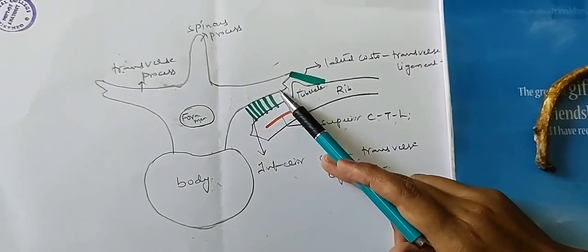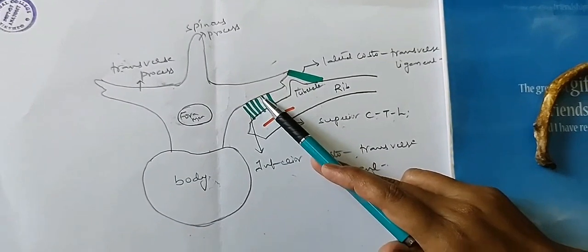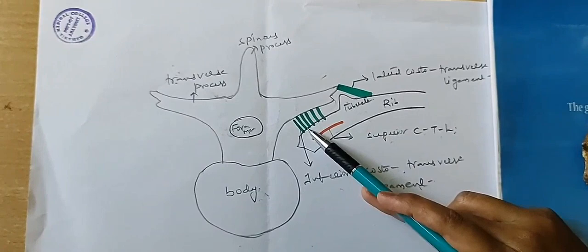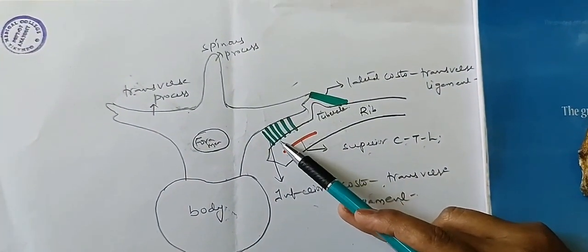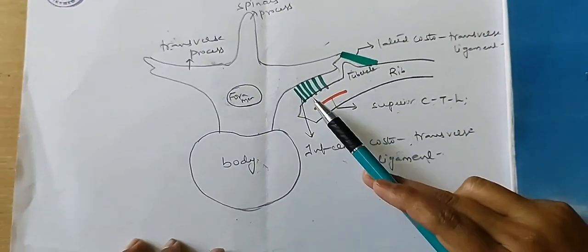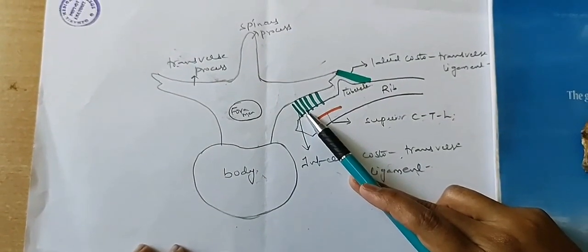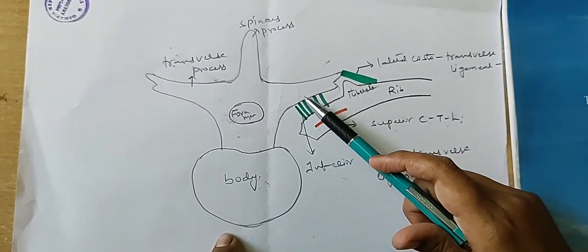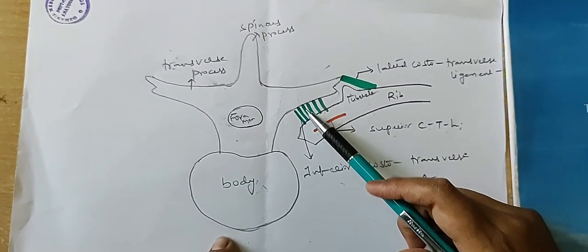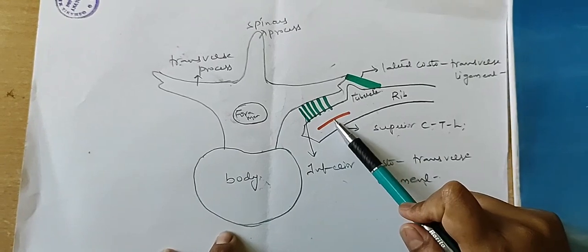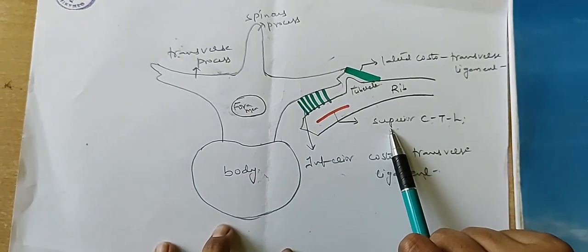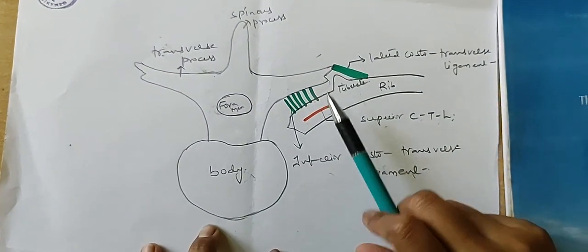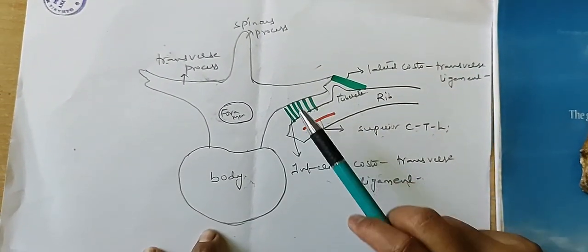The anterior surface of the transverse process joins with the posterior surface of the neck of the numerically corresponding rib by the inferior costotransverse ligament. The lower border of this transverse process is connected to the upper border of the lower rib by the superior costotransverse ligament. These are the 3 ligaments which attach the transverse process with the rib.